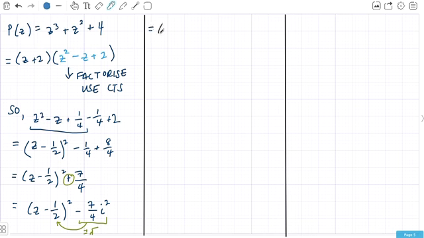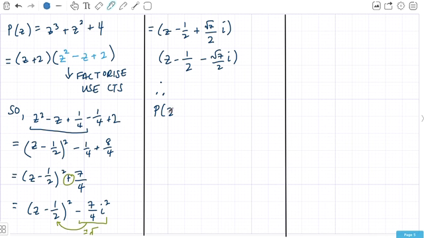So we've got z minus a half, plus root 7 over the square root of 4 is 2, the square root of i squared is i, and the other bracket will be minus root 7 over 2i. So therefore, what we've shown is that for p(z), which equals z cubed plus z squared plus 4, this is equal to 3 factors.